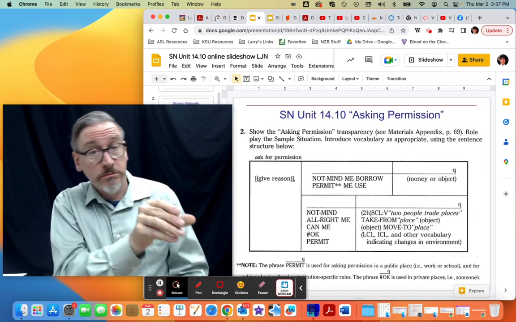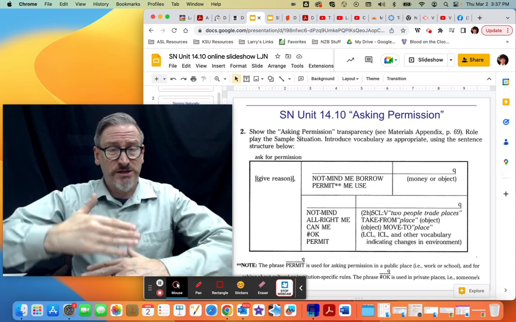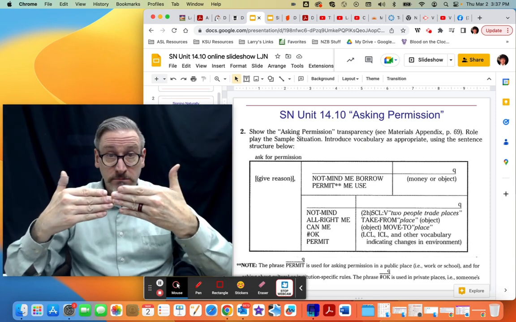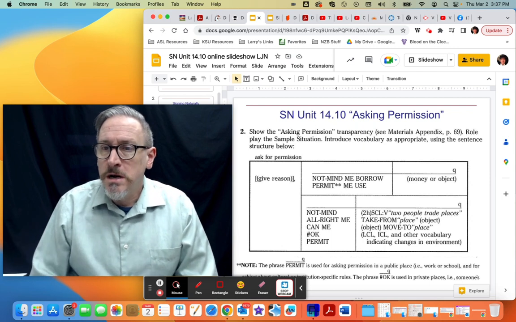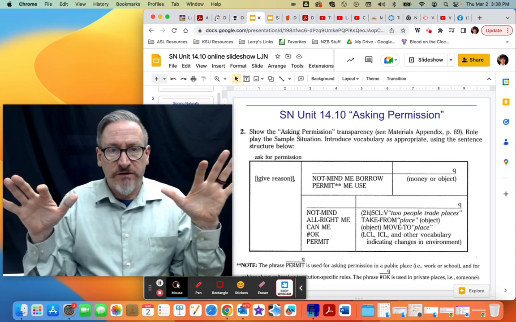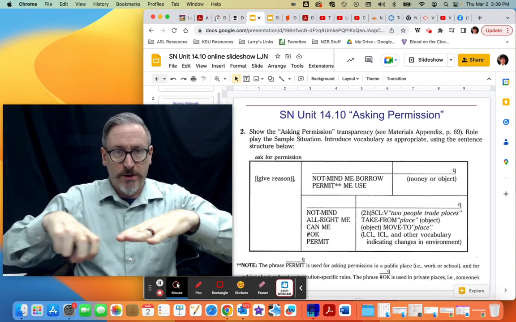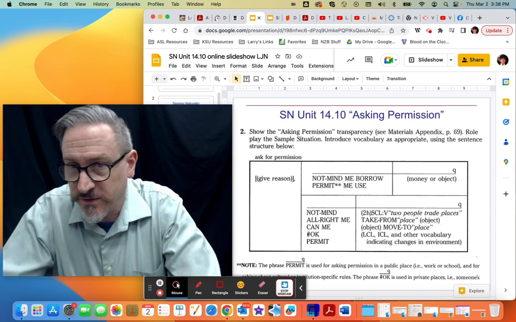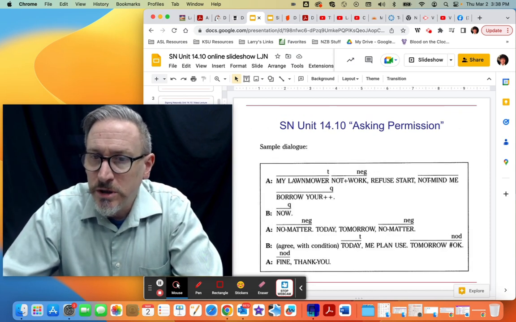Your water bottle. Do you mind moving it so I can see? Sometimes people have laptops in class. It's blocking. And so we say, do you mind closing your laptop? And anything that changes in the environment, like if there's a table and a chair, do you mind moving the chair to the other side? Lots of different things we can do.